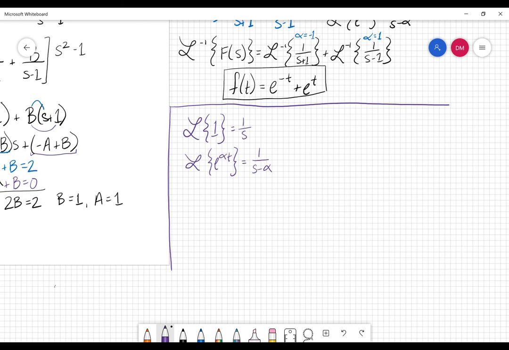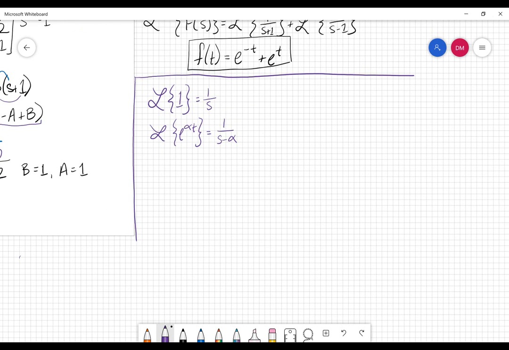So just be aware of that. And then the Laplace of t, we got 1 over s squared. The Laplace of t to the nth, we derived, and we got n factorial over s to the n plus 1.